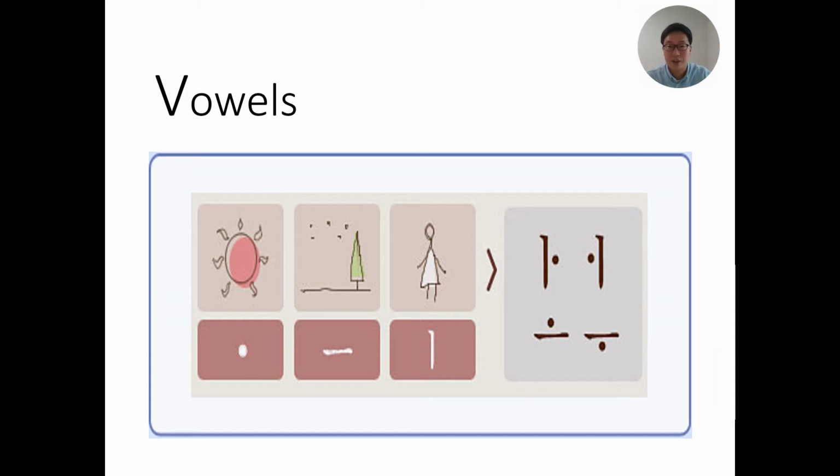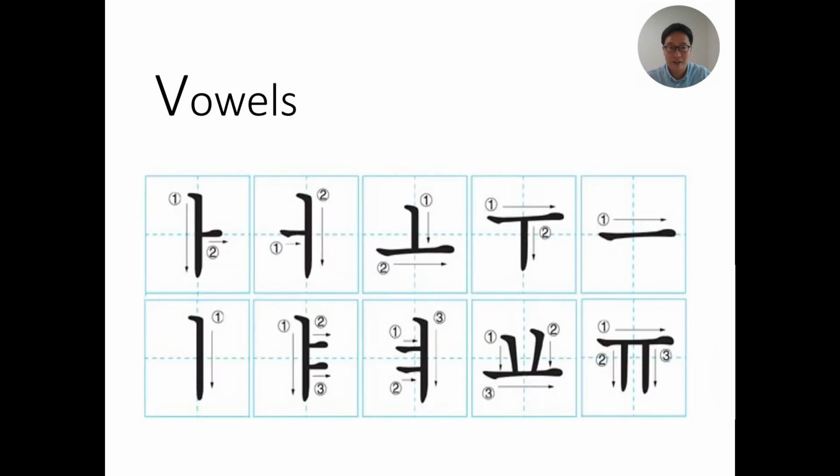So let's see what it looks like. Ah, uh. Today don't worry about how to read vowels properly. I just introduced how they look. In general, we write vowels the same way, up to down, left to right.